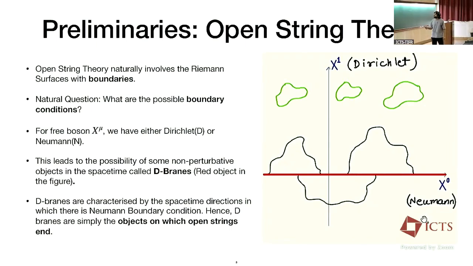This red object, so consider a two-dimensional space-time. Along x1, I have a Dirichlet boundary condition, so it is fixed, and along x0, I have a Neumann boundary condition, so it's extended along that direction. That's why D-branes are characterized by the space-time dimensions in which there is the Neumann boundary condition. These are the open strings I'm talking about. They end on this red object, and this characterizes my D-brane.